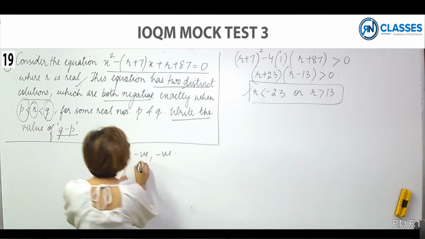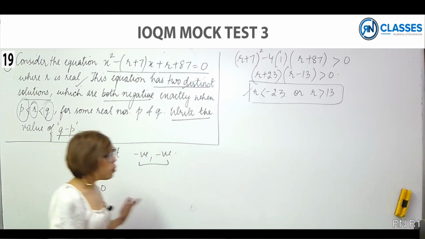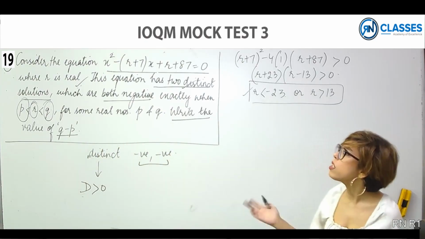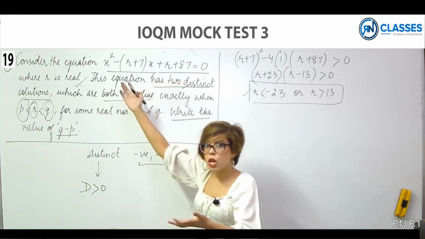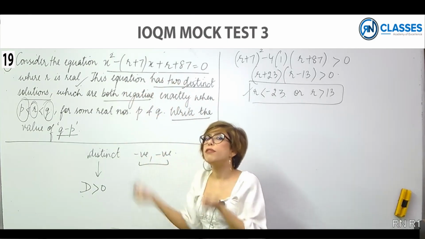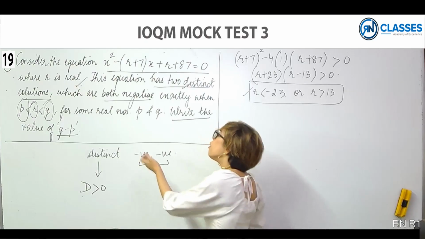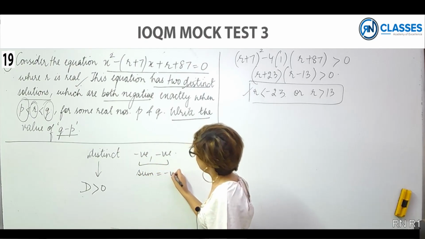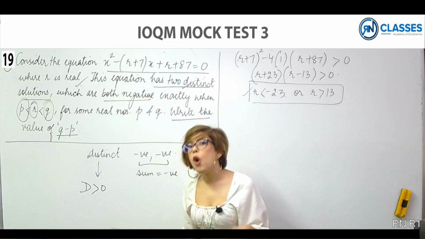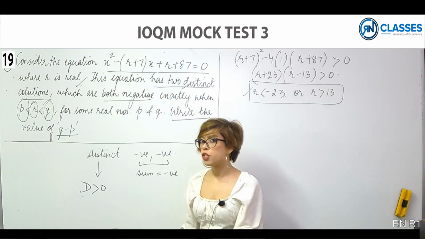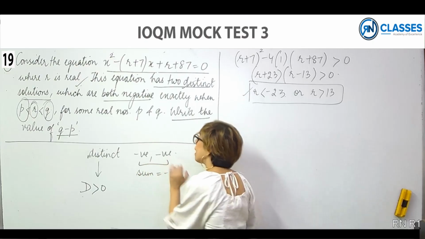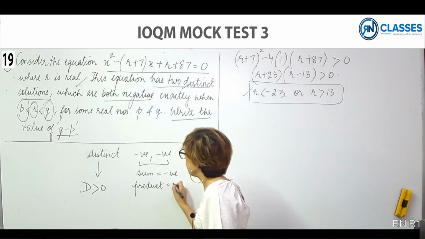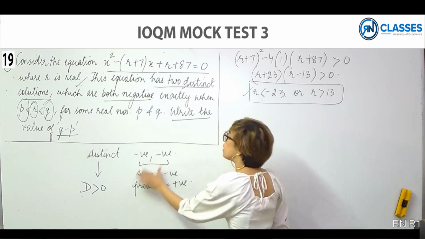Now, let me utilize the second condition. The second condition is that both the roots are negative. That means, what can I say about the coefficients? Because r is involved in the coefficients. Mind it, if both the roots are negative, that means the sum will be negative. Now, the sum of roots you can get using the coefficients. Also, if both the roots are negative, that means the product has to be positive. First of all, the sum is negative.